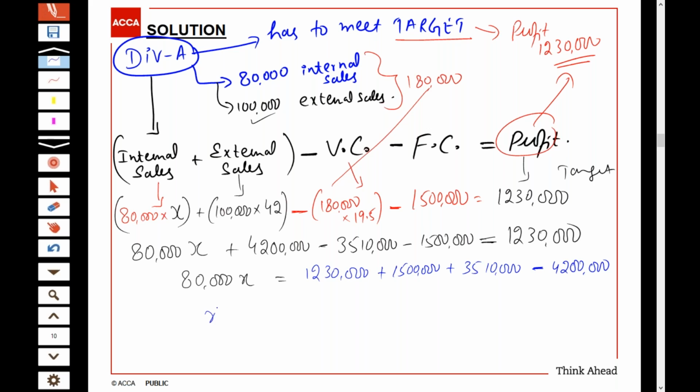Now just calculate X, which is TP, the transfer price. 80,000 X is equal to 1,230 plus 1,500 plus 3,510 minus 4,200.